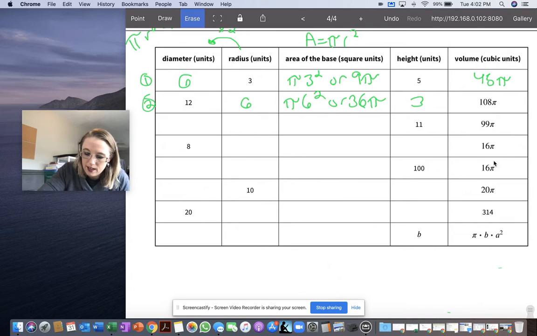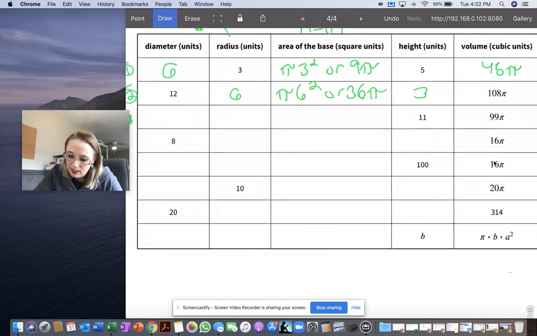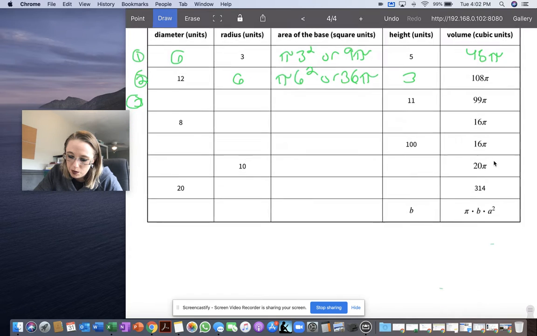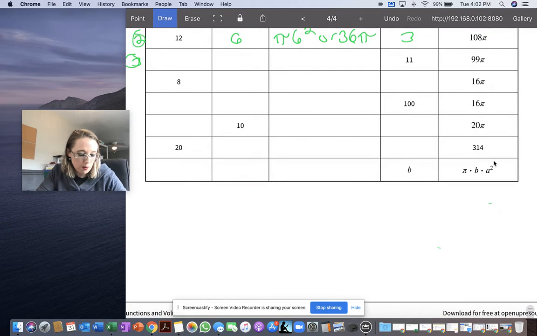So number 3. We are not given a ton of information on this one, and it's new information. We're given a height and we're given a volume. So I'm going to move this up so we have a little bit more workspace.